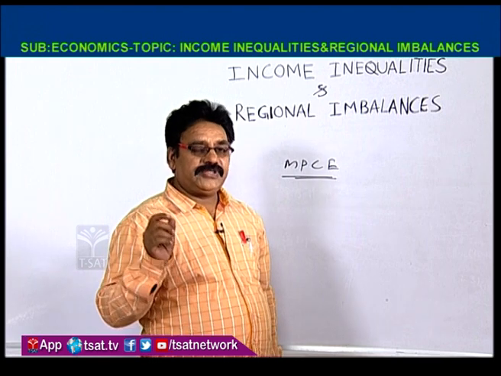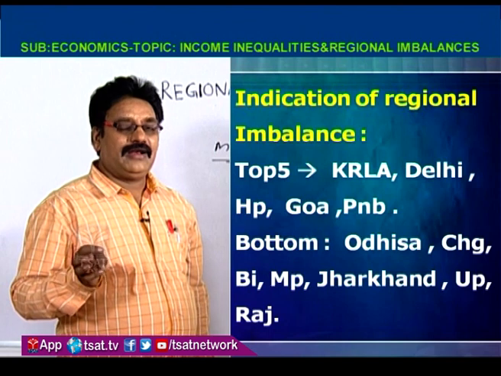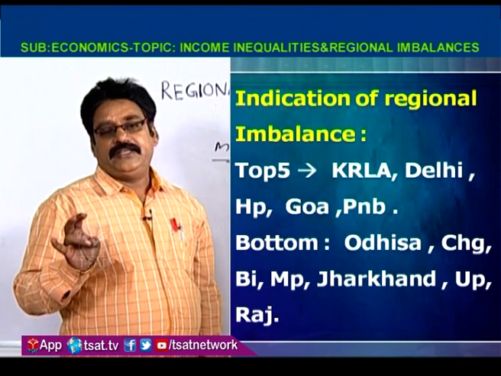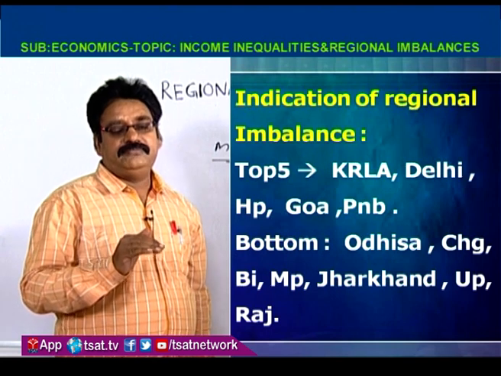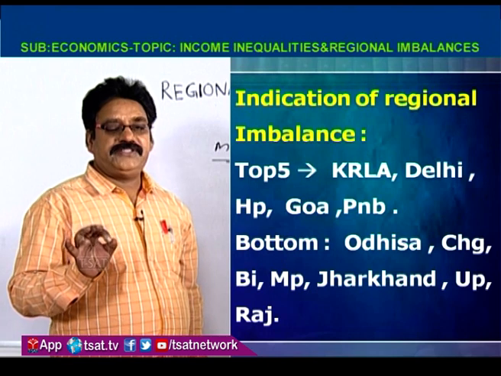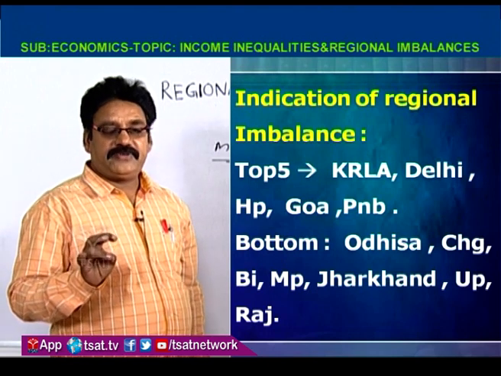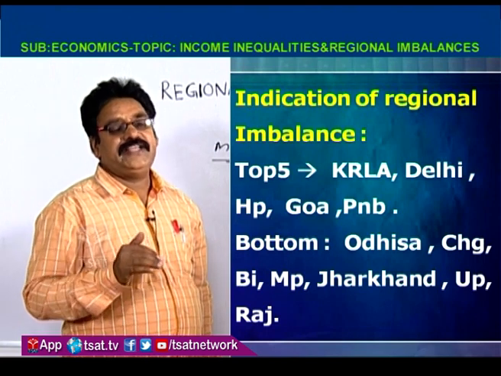According to the HDI reports, the top 5 states are Kerala, Delhi, Himachal Pradesh, Goa and Punjab. At the bottom are Odisha, Chhattisgarh, Bihar, Madhya Pradesh, Jharkhand, Uttar Pradesh and Rajasthan.